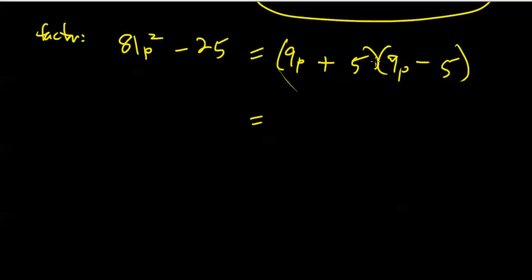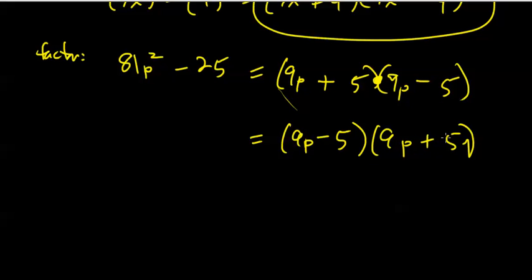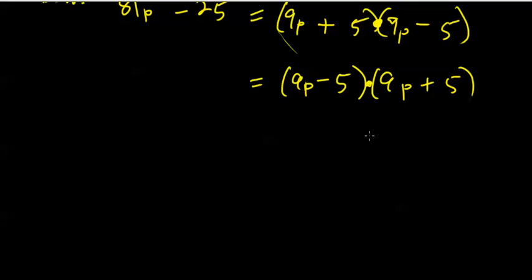Notice, multiplication is commutative. So I could have easily reordered those factors in my response and gotten this equivalent answer, 9p minus 5 times 9p plus 5. Anytime you're multiplying expressions in your final answer, those answers are unique, at least up to the reordering of the individual factors. Multiplication is commutative. Multiplication is, of course, associative also.